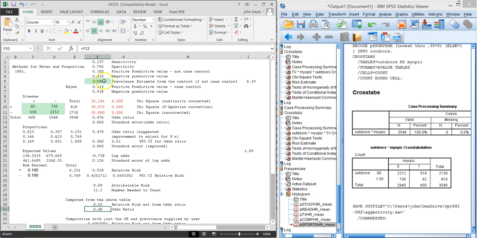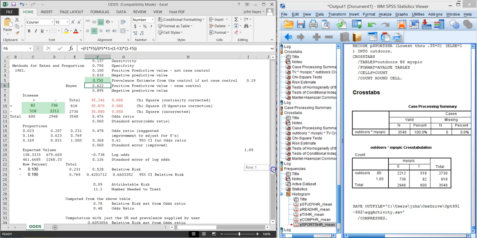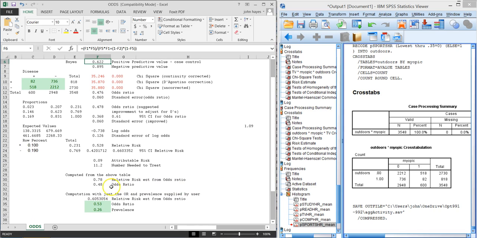If our prevalence was 0.4 or 0.75 if we were looking at Asians, being outdoors would be much less in terms of the risk than the actual relative risk in this study. So it's important to report relative risk whenever you can, because it is a more honest representation of what the actual risk is.